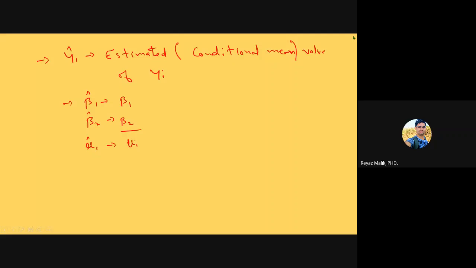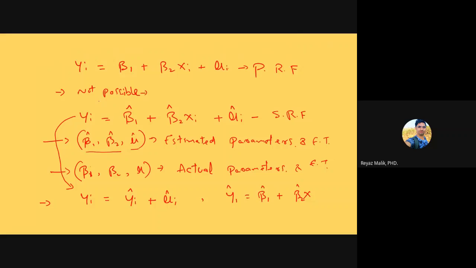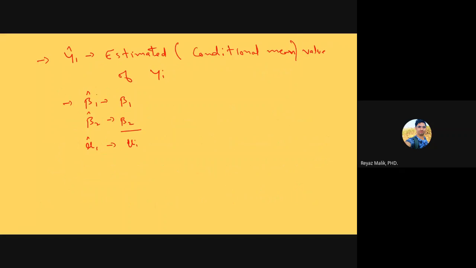I will move it aside a little here. Then what is the next? Then we have seen in the last slide that yi equals yi cap plus ui cap. I will write it again here: yi equals yi cap plus u cap i.